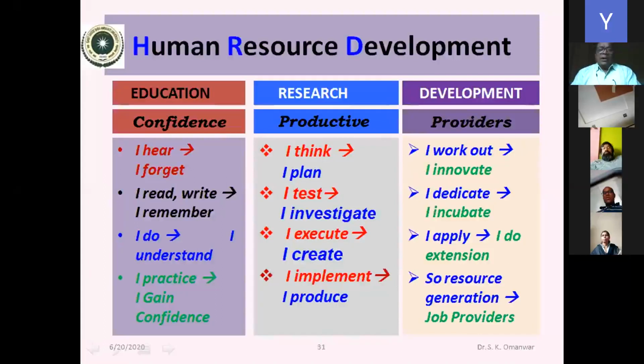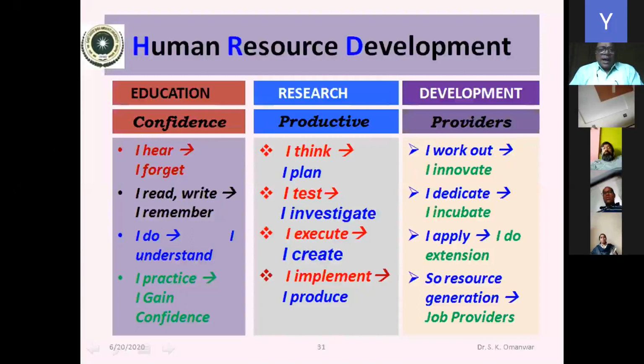Therefore, whenever our teachers said something, wrote something or drew something on the blackboard, at the same time we should get those diagrams and matter written in our notebooks, as spelled out by our teacher and written on the blackboard. And after coming home, we used to do homework. I do, I understand. Understanding will be effective only when I do.